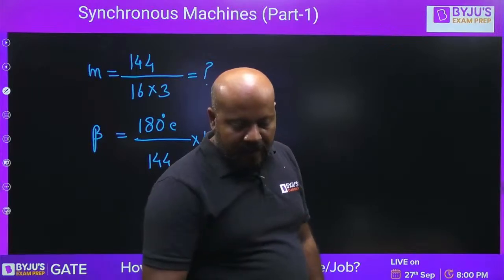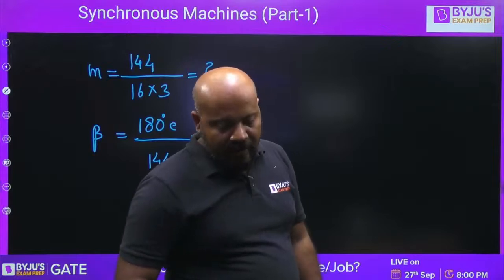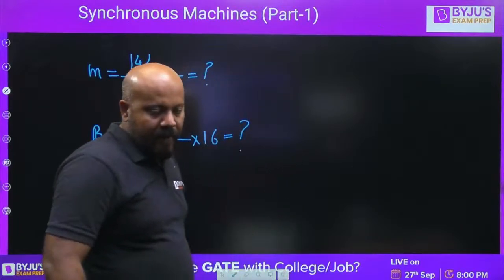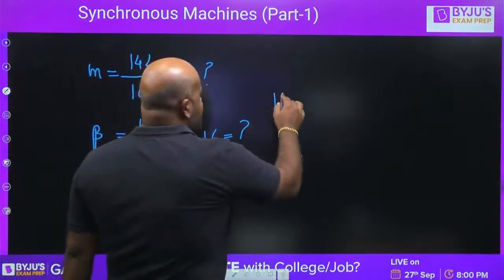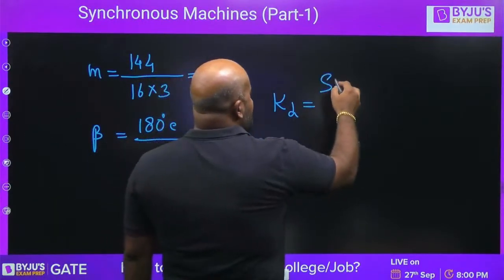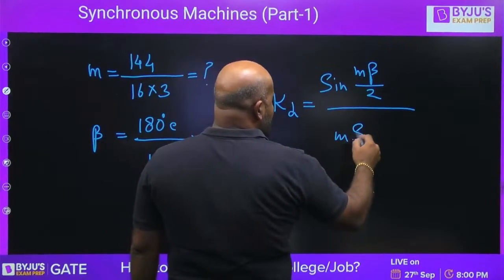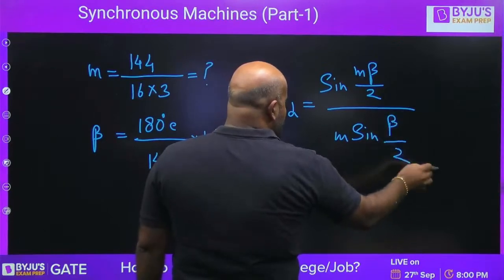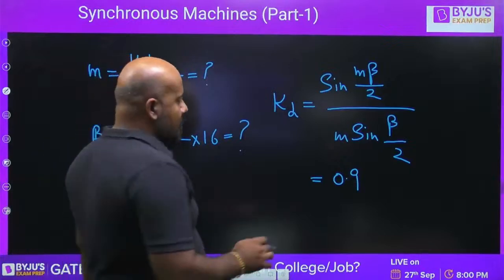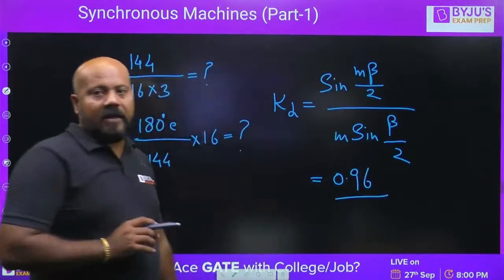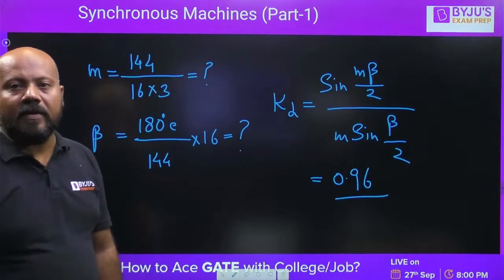As per my reference, you must be getting 0.96 as the distribution factor, sine m beta by 2 divided by m sine beta by 2. Everybody is getting that?